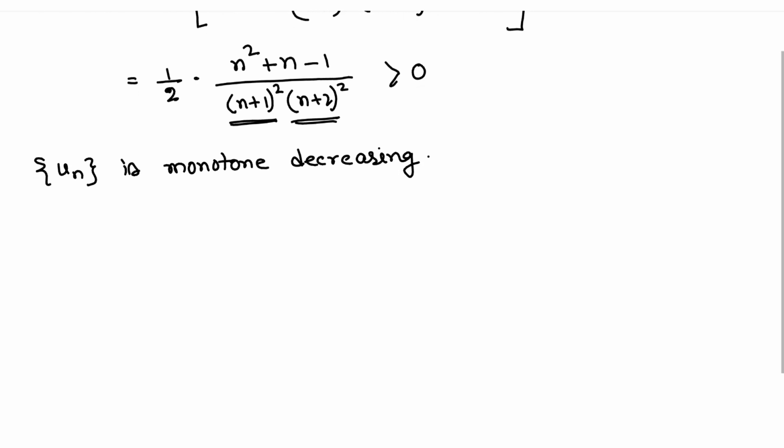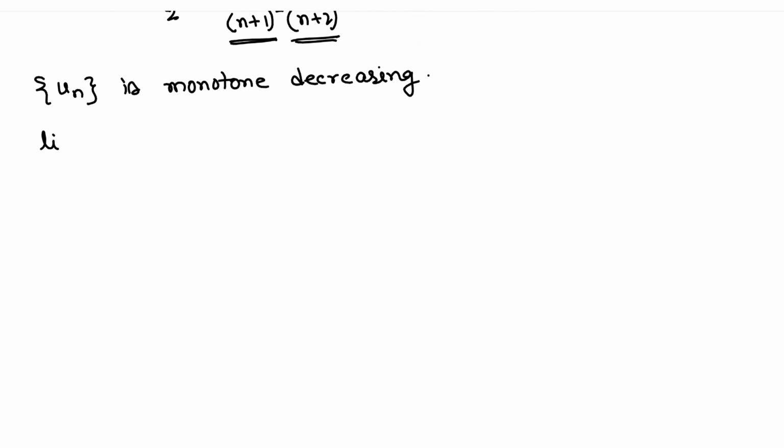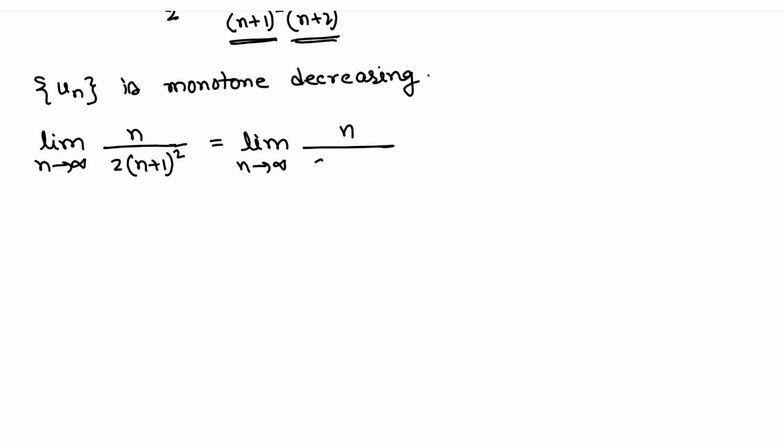Clear? Now find out the limit. Limit n tends to infinity un means n by 2 into n plus 1 whole square. So this equals limit n tends to infinity. If I take common n from this factor, so this will be n by 2n square into 1 plus 1 by n whole square.